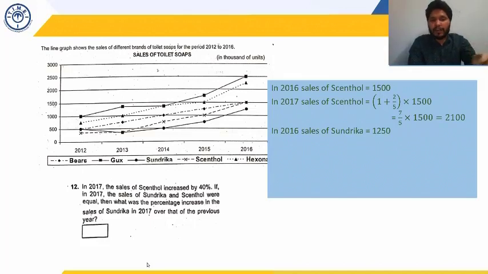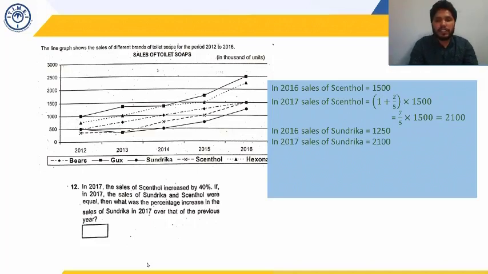We have discussed that in case of Synthol there was an ambiguity whether it is 450 or 400, but here it is in the middle, so we have to take this as 1250. Okay, so in 2016 the sales of Sundrika is 1250, and from 1250 in 2017 it becomes 2100.